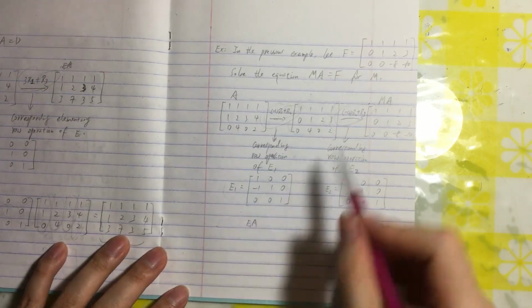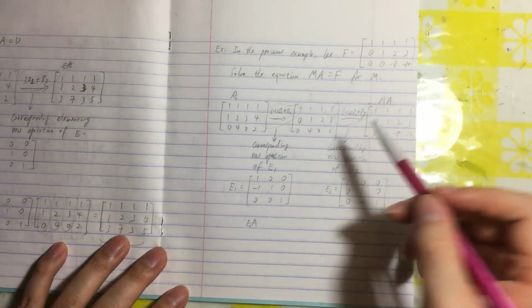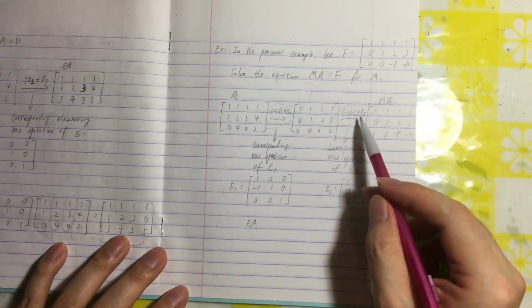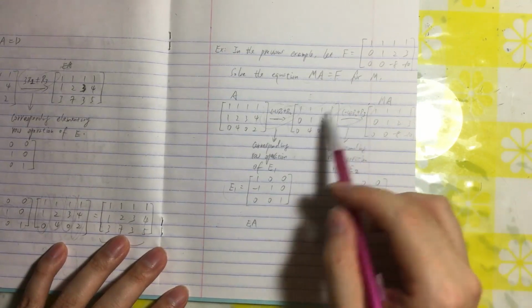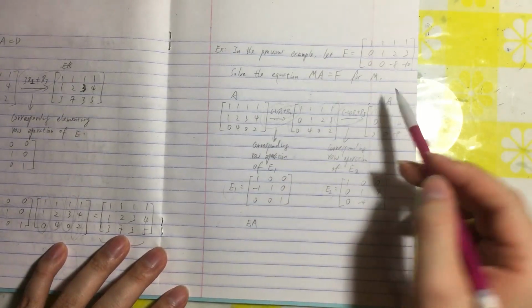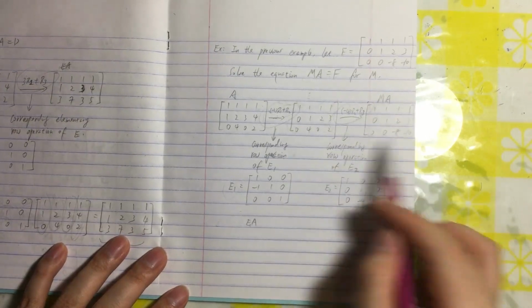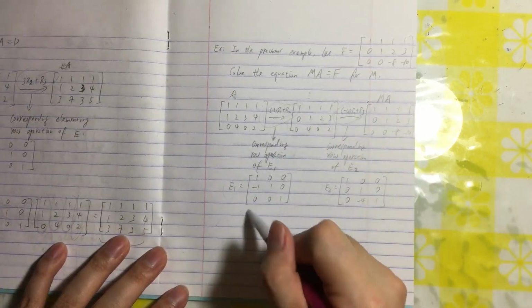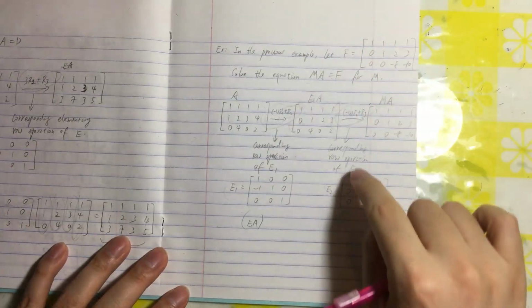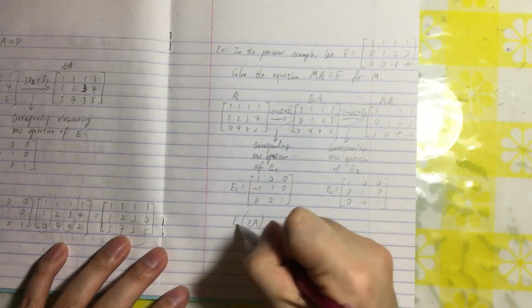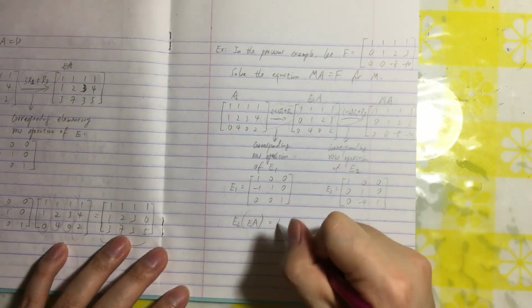And since this operation is the corresponding operation of E2, if I take E2 times this matrix, E1 times A, I get this matrix MA.